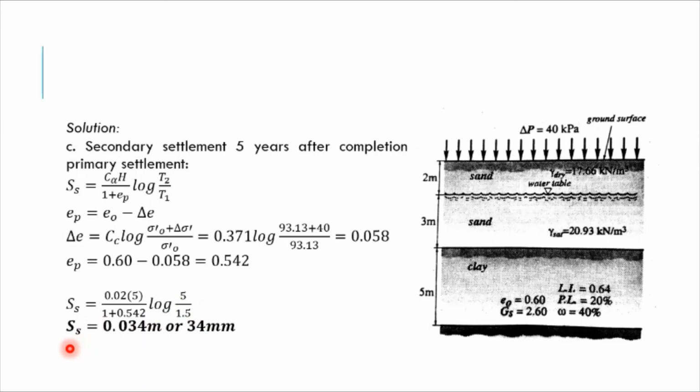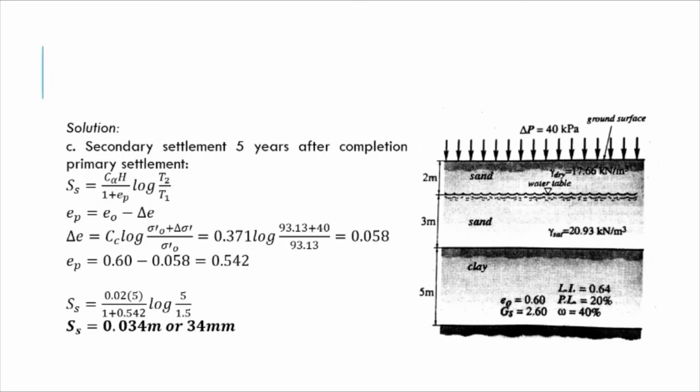Class, take note. You have to look at the problem. If the problem is determine the secondary consolidation settlement after 5 years, so ibig sabihin, yung after 5 years na yun, hindi pa nasusubtract yung kung gaano katagal yung primary consolidation settlement. Say for example, after 5 years, tapos it takes 1.5 years for the primary consolidation settlement to occur.